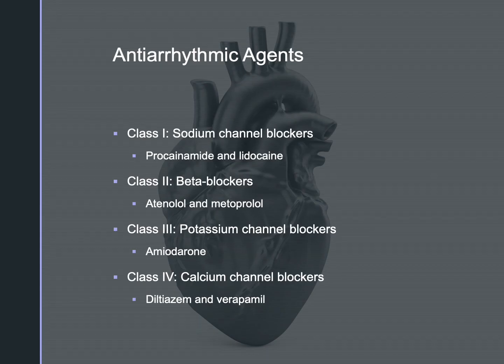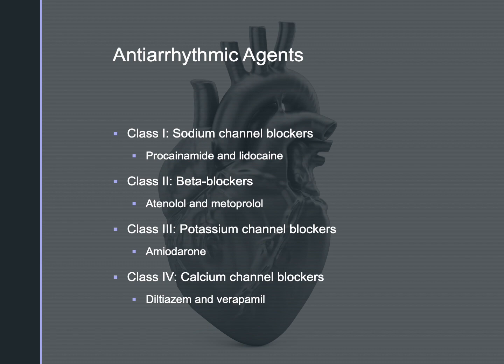Antiarrhythmic agents are used to prevent or treat irregularities in the force or rhythm of the heart. Many of these agents are grouped by classes, but there are some random ones that we'll talk about as well. So let's start by talking about class 1 antiarrhythmic agents. These are sodium channel blockers, and they are used to treat ventricular fibrillation and tachycardia.